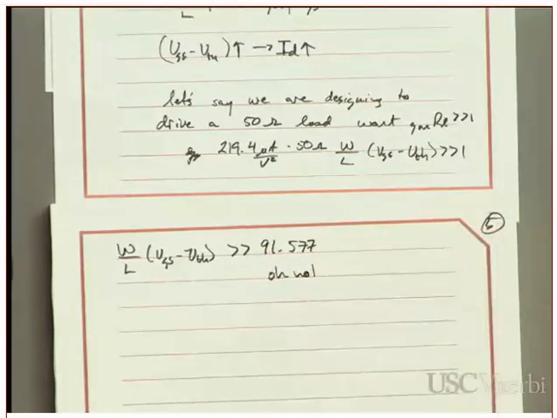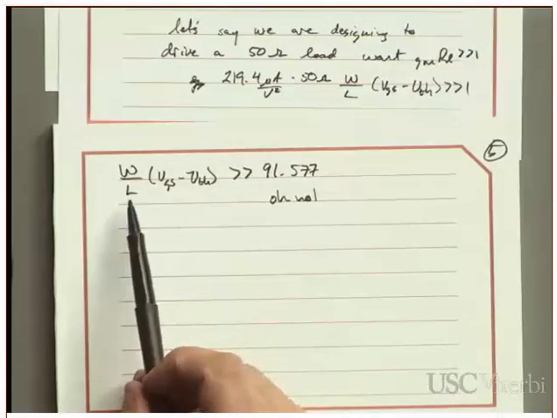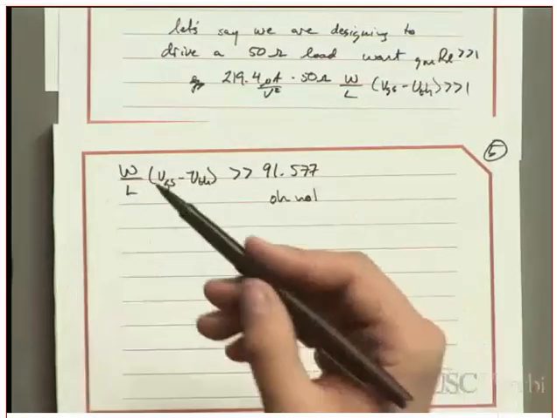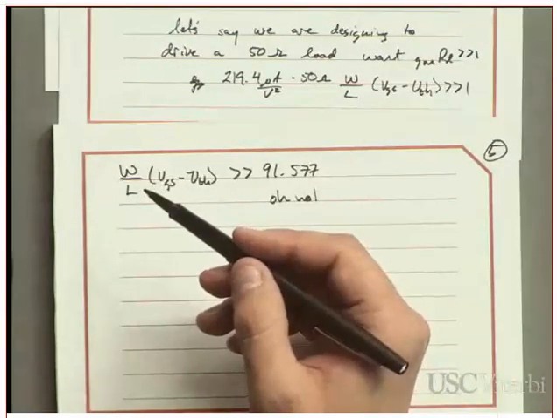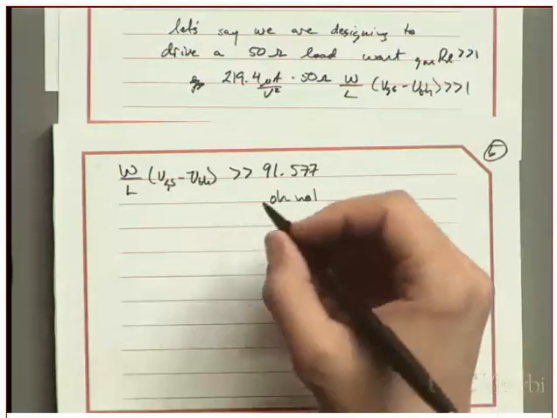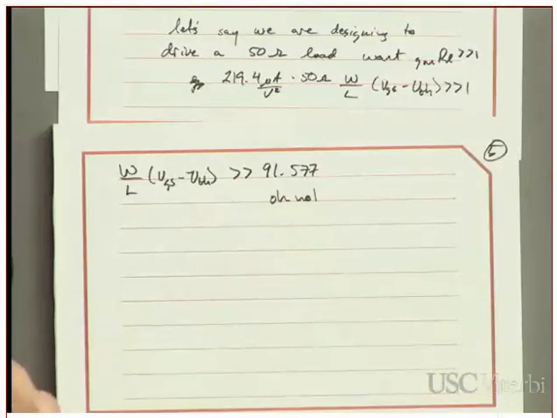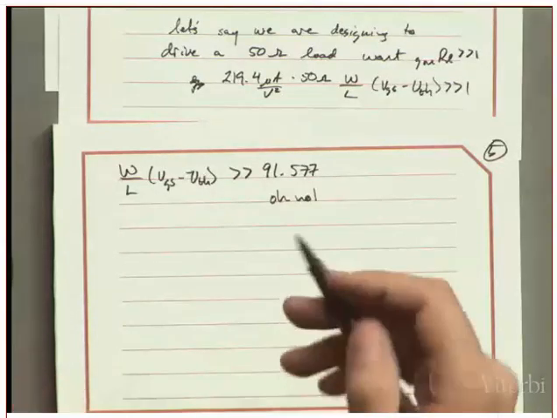Oh no, that's kind of big. So one thing I can do is set VGS minus VTH, and that might depend on the technology that I'm working in.